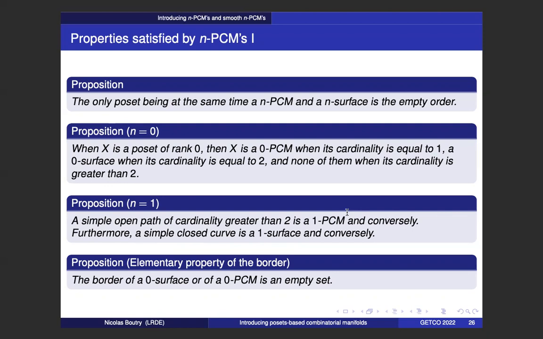When n is equal to 1, you take a simple path which is open, and we have at least 3 elements, it is a 1-PCM. If we have a loop, like I said before, it is a 1-surface. And the border of a 0-surface and the border of a 0-PCM is the empty set. Always. It is normal in some way, but it's not so easy. Not so intuitive.